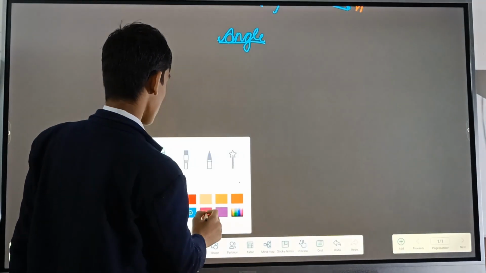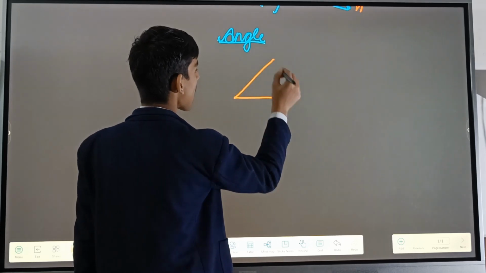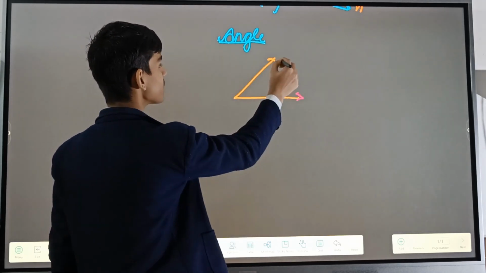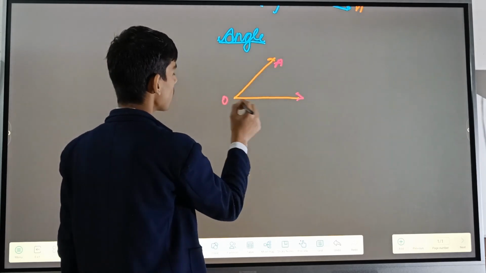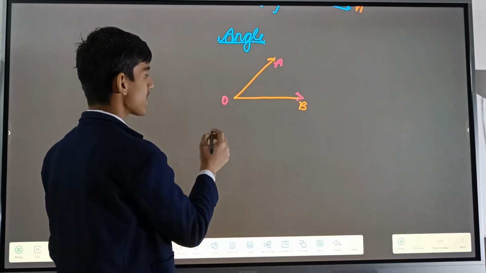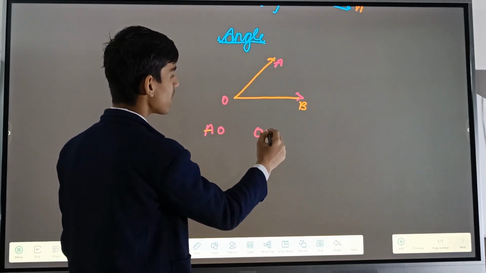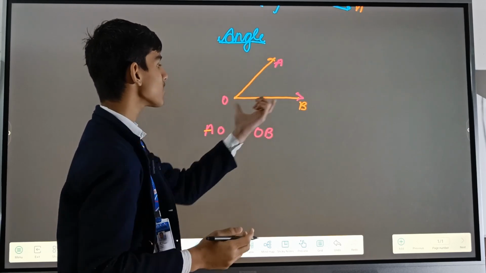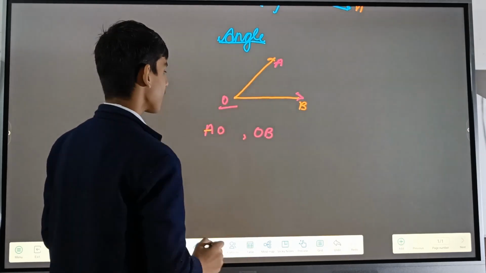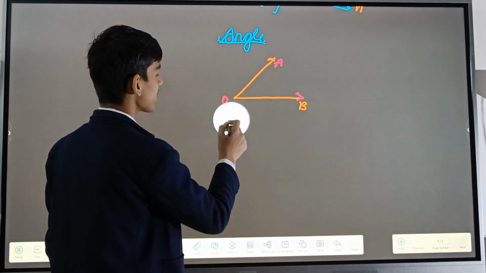For example, if we draw like that, it is an angle, and we can name it AOB. Here AO and OB are the two rays which meet at the same initial point O, so it is called an angle. Now we proceed to the interior and exterior of the angle.